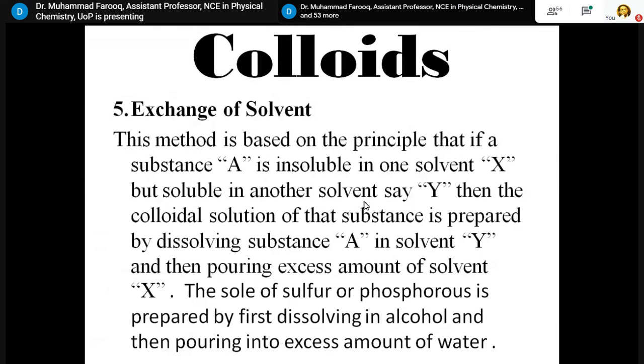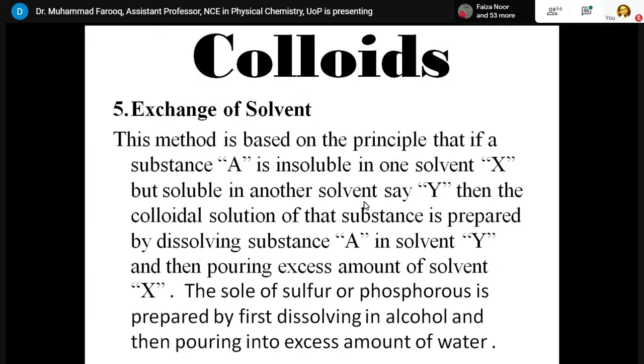Then this solution is poured into the insoluble solvent X, in which the substance is insoluble, so we will get the colloids.